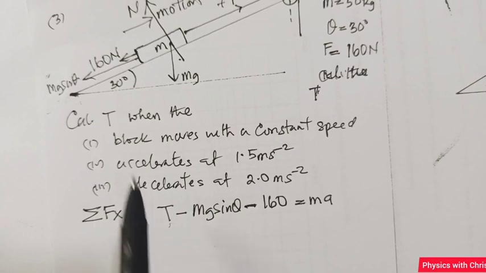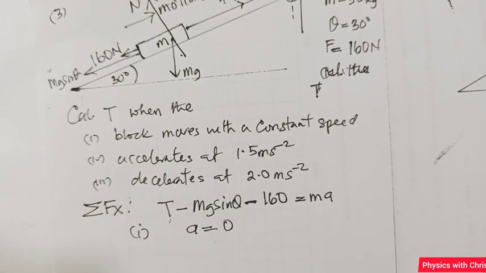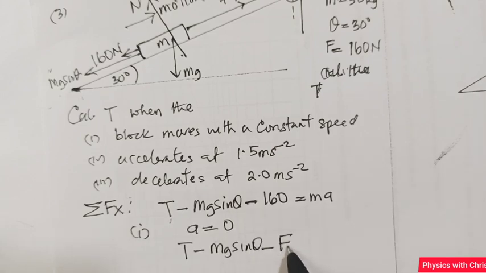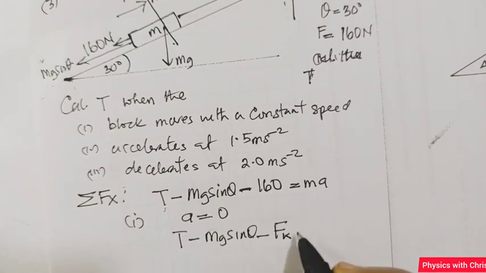Now if the block moves with a constant speed, it means the acceleration of the block is 0. So this equation reduces to T minus mg sine theta minus the frictional force Fk, because this time around it is the kinetic frictional force that is given, equals 0.